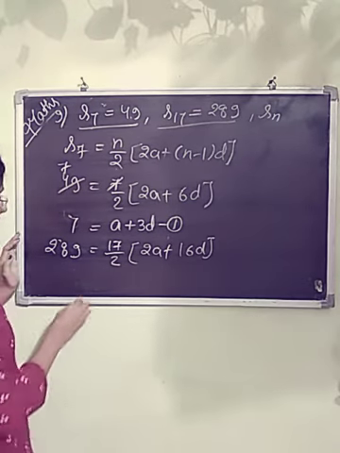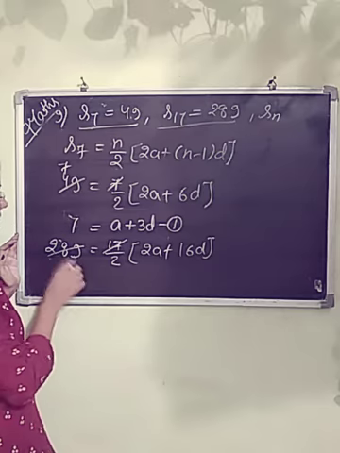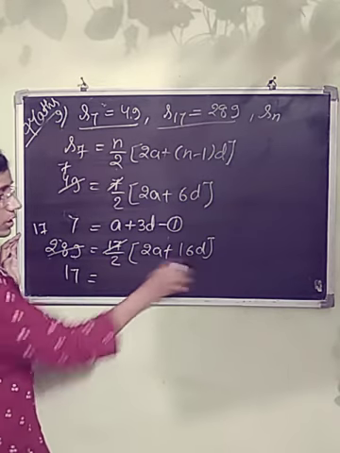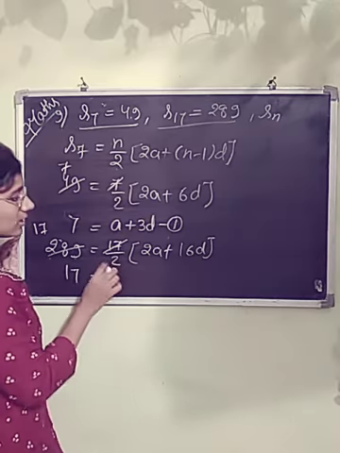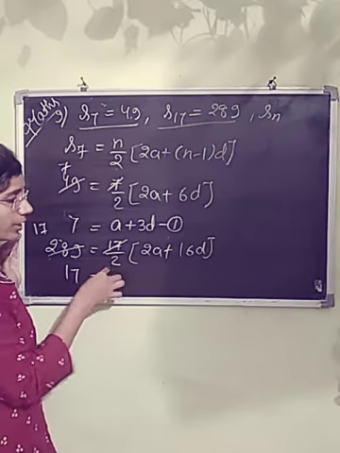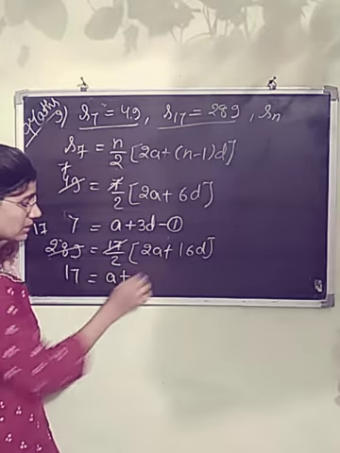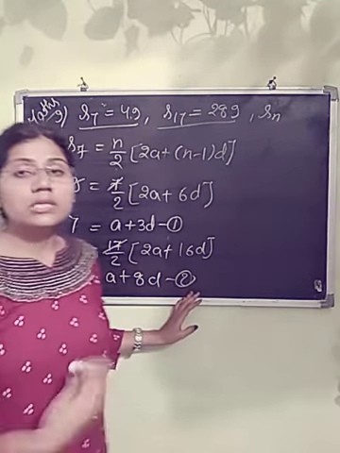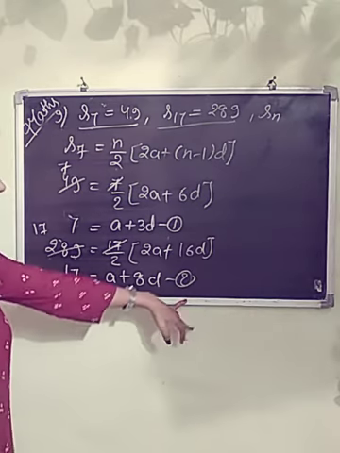Further if you solve, this is the square of 17, so it will be cancelled 17 times. 17 equals to, further you can take 2 common and this 2 will cancel with the 2 in denominator, and it will be a plus 8d, and this can be considered your second equation.